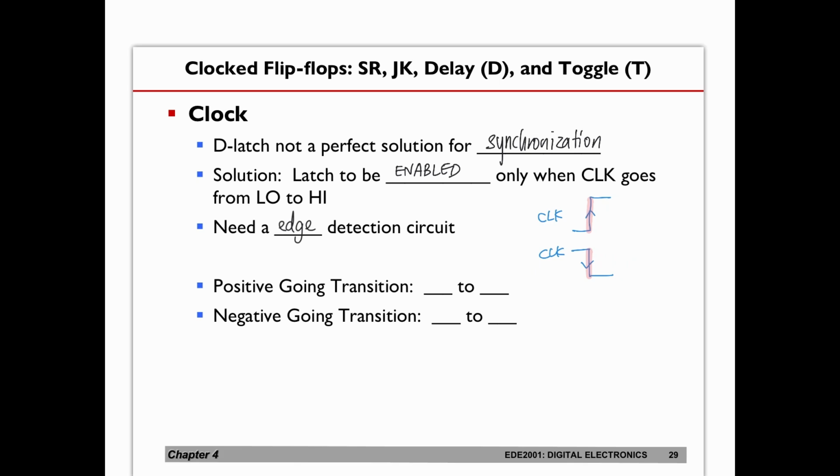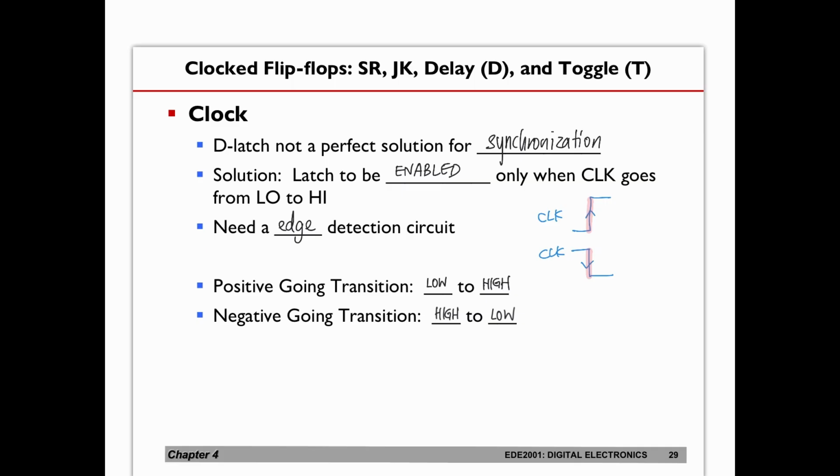There are two types of detection that we want. The first is low going to high, which we call the positive going transition. Or we want to detect a high to low, which is the negative going transition.